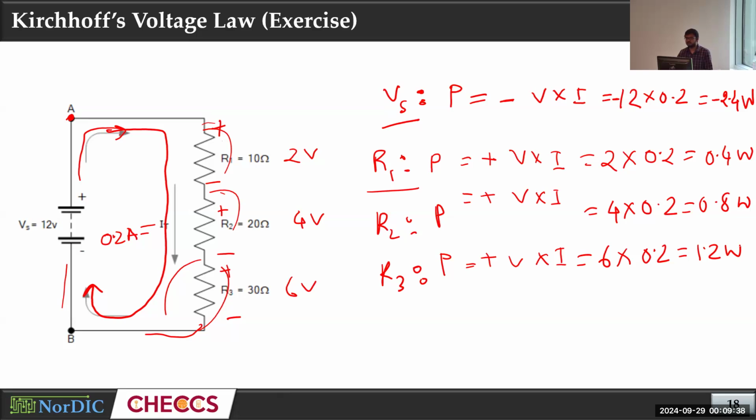Negative is supplied, positive is absorbed. So there is only one supplied power, this one, and all these three are the absorbed power because they are positive. Is that clear to this point?